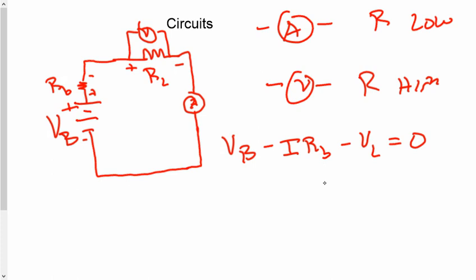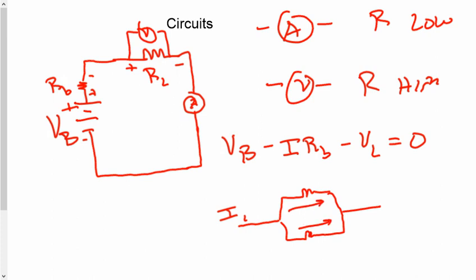Okay, and just one last thing to remind us about circuits. Remember the Kirchhoff's current loop or current juncture idea? So if I have a circuit that goes something like this, and it goes around like this, I'll just do something quite simple here. So if I just have a branch coming off like this, and I've got some current 1 coming in here, and I've got a current going this way and a current going this way.